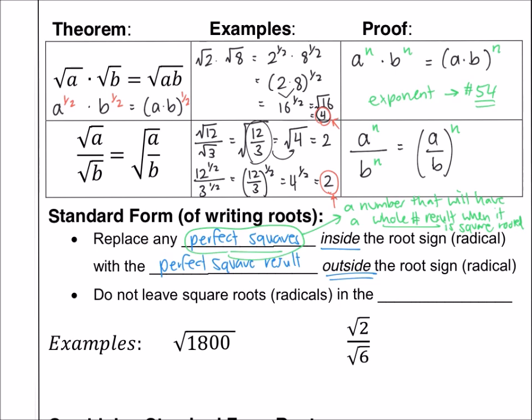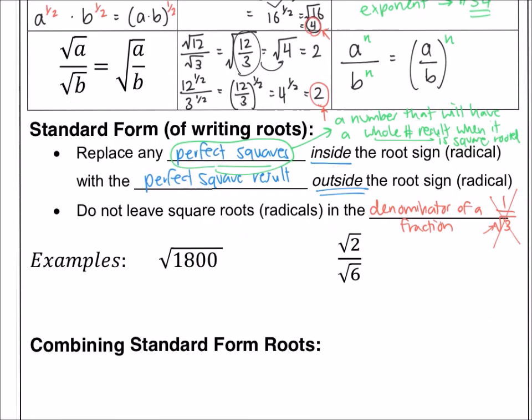The final thing to watch out for when you're writing a square root in its simplest form is you don't leave any square roots in the denominator of a fraction. So in your simplest form answer, you can't have 1 over the square root of 3, for example. You don't want to leave it like that. Okay, that's a no.